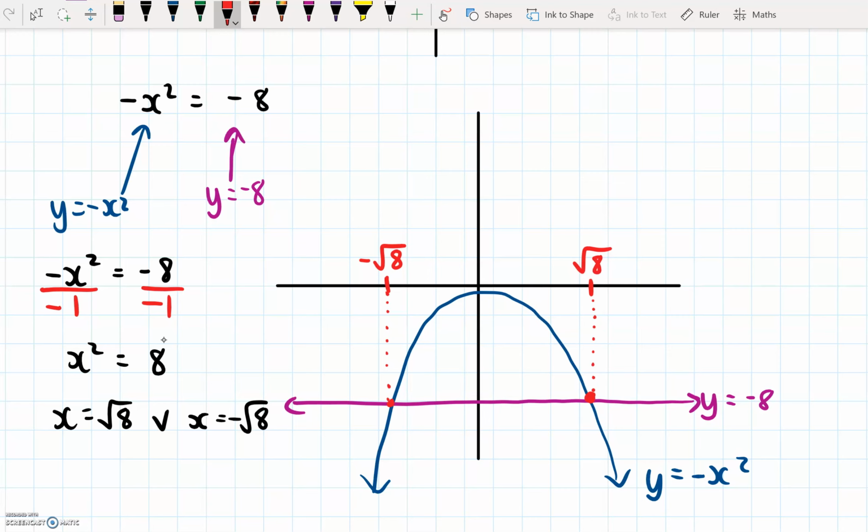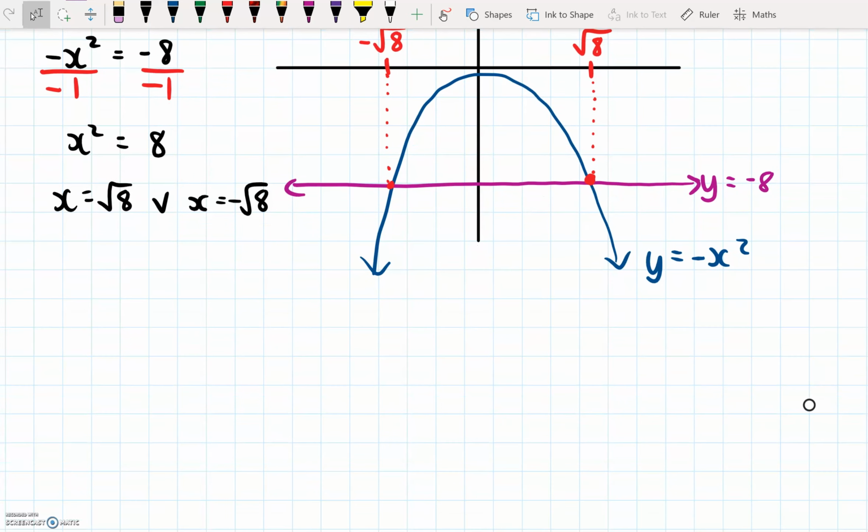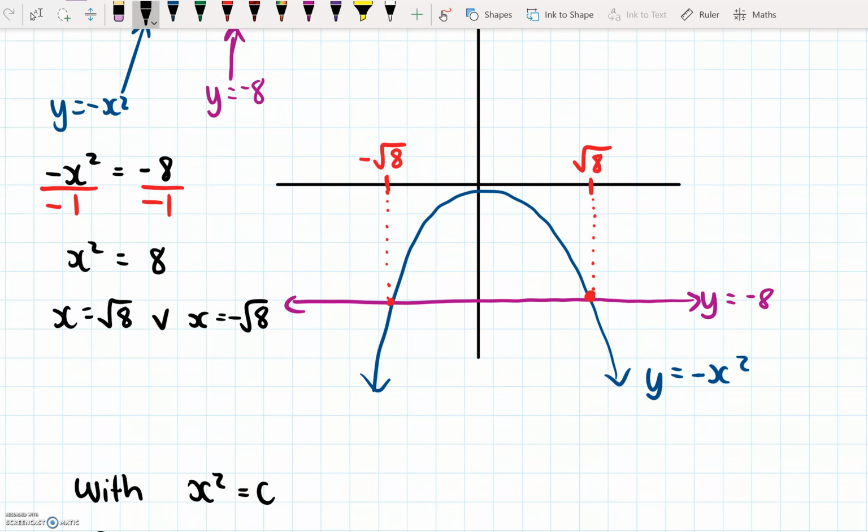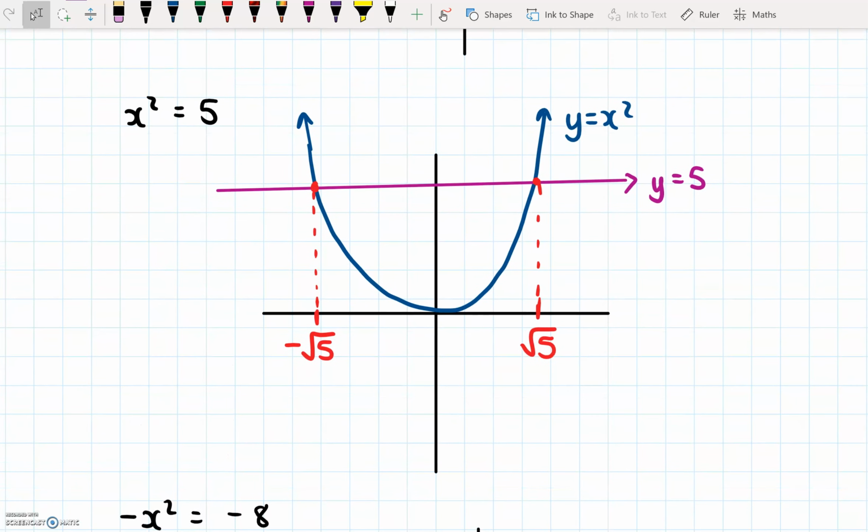This is what we're looking at when we look at x squared equals c. If c is greater than 0, we always get two solutions. So there will always be two answers, two intersection points, and you can see that in these graphs.